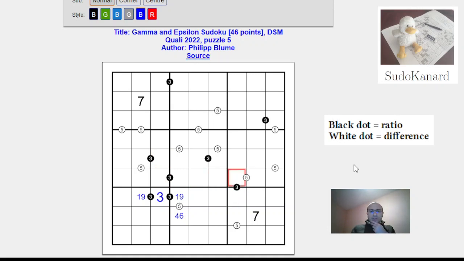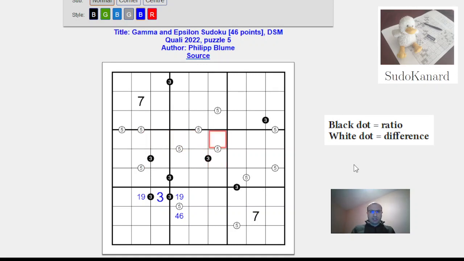There's quite a lot of action. Oh, and something worth mentioning is that there's no negative rule. So there could be a difference of 5 here, there could be a ratio of 3 here. If it's not mentioned, then it has no impact.